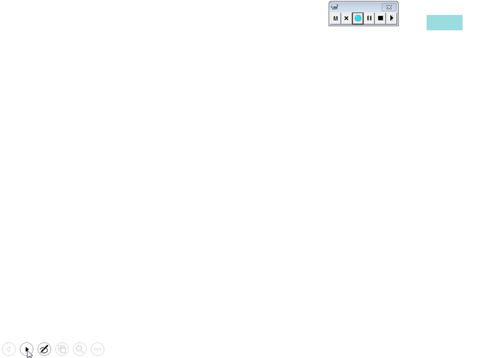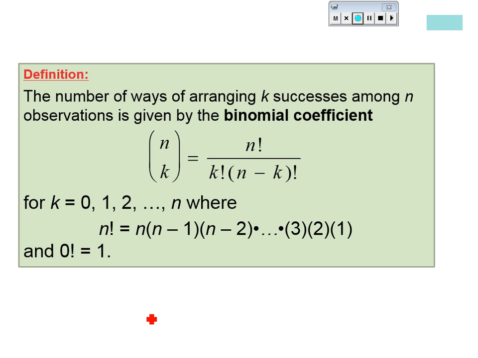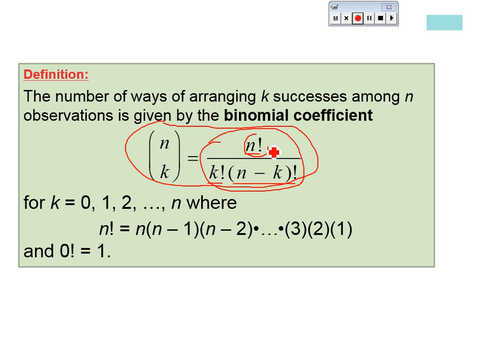So if we're looking at how many different ways those combinations can occur, this right here is the formula that you would use to determine that. This is n factorial over k factorial times n minus k factorial, where n would be the number of trials that you have, and k would be the number of successes.